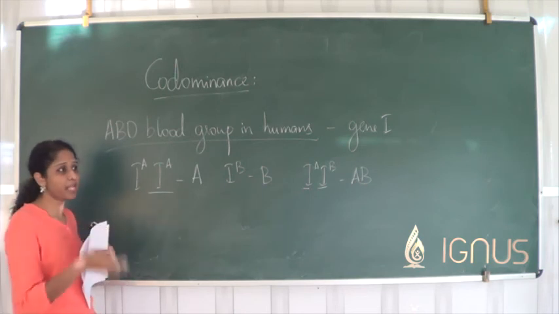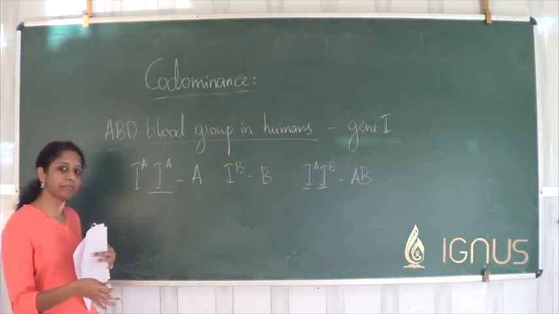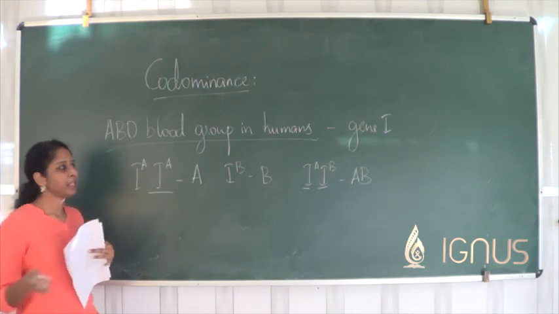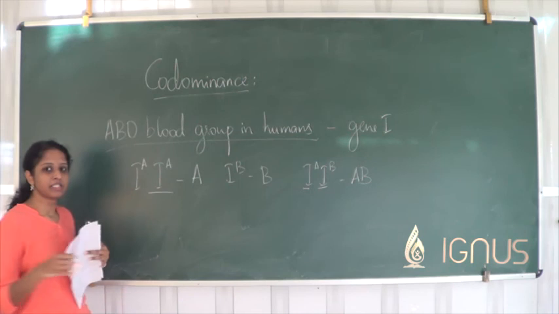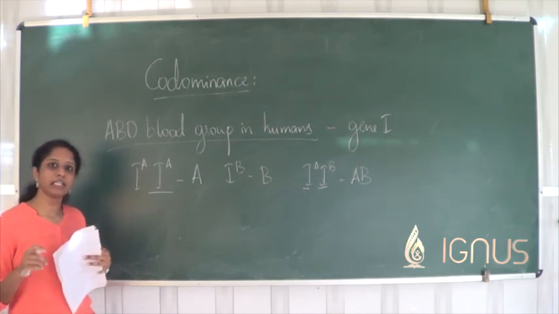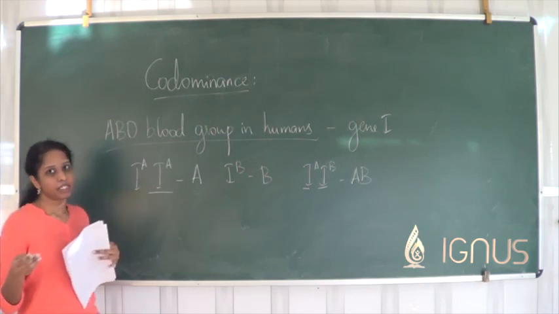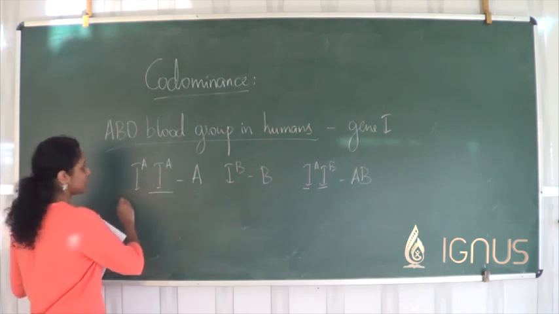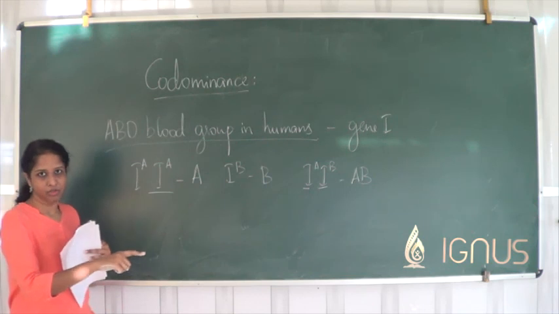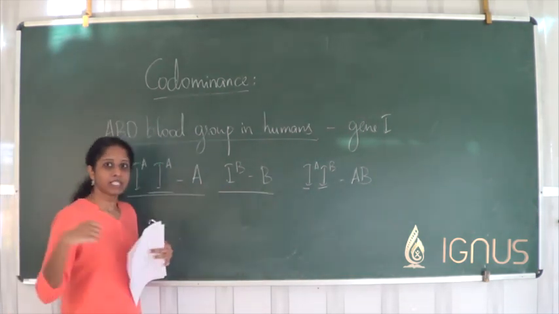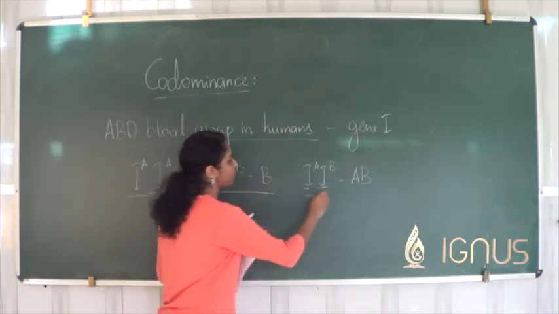So in snapdragon or four o'clock plant, you have pink color, which is in between red and white. But in codominance, it is not in between anything, it is both of them being expressed, so it is a phenotypic expression which is unlike both the parents. It will not be like A, it will not be like B, it is something completely different, which would be AB.